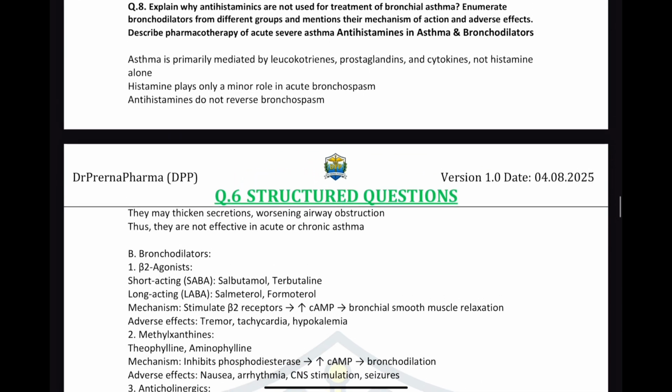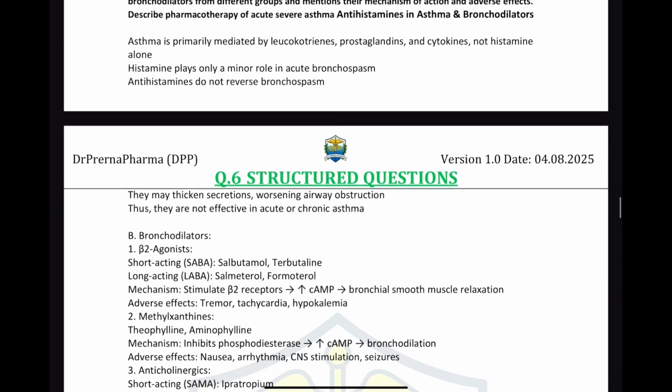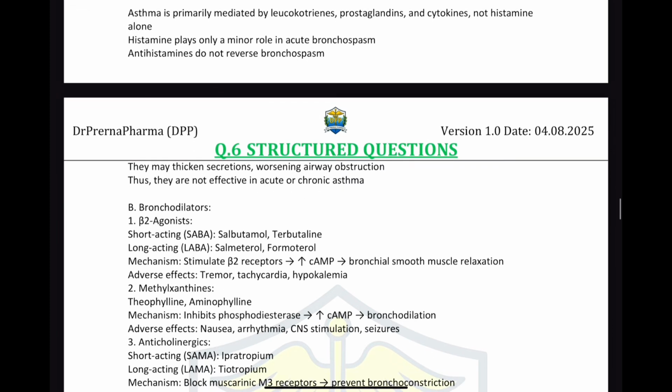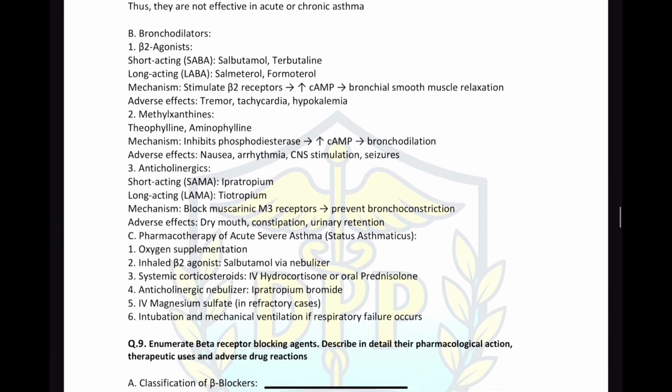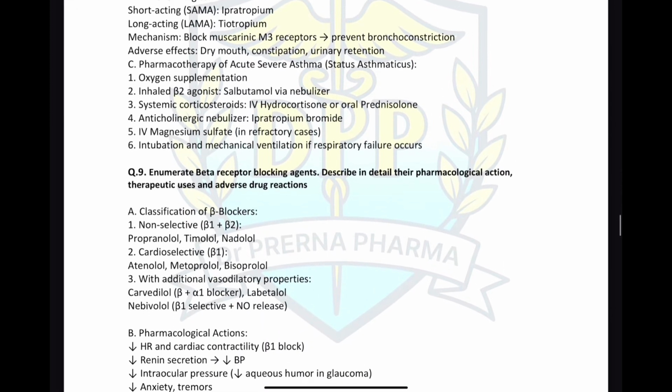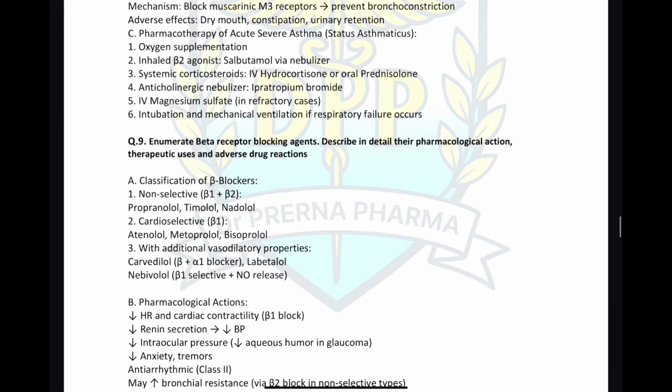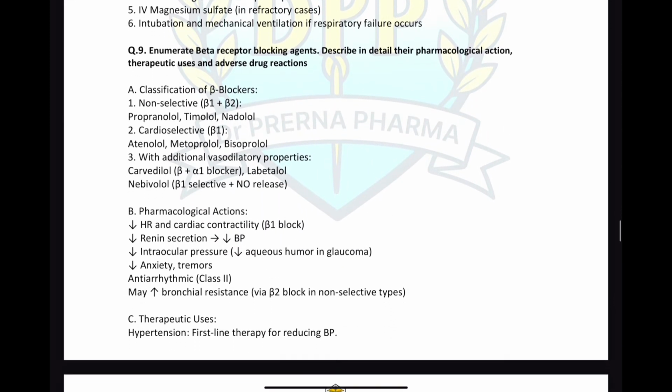Eighth question says about bronchial asthma: why antihistaminics are not used, enumerate bronchodilators, their mechanism of action and adverse effects, and describe pharmacotherapy of acute severe asthma. So asthma, bronchodilators, then the classification of drugs, pharmacotherapy of severe asthma is given.